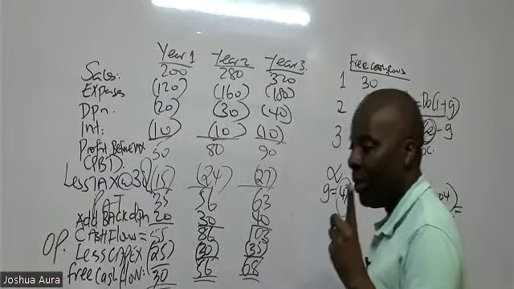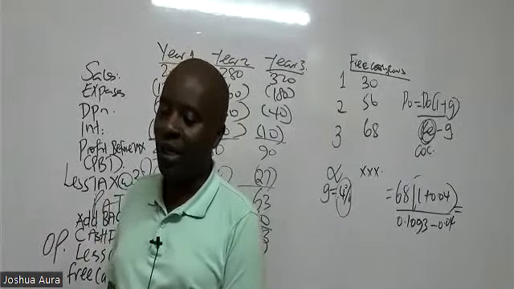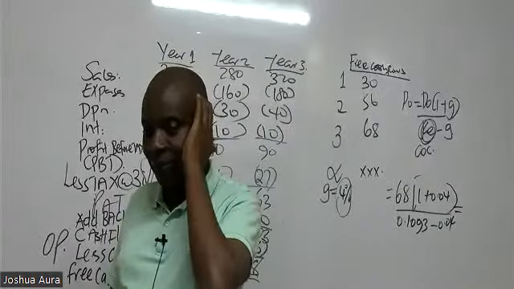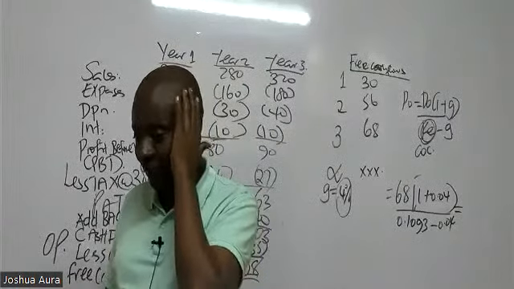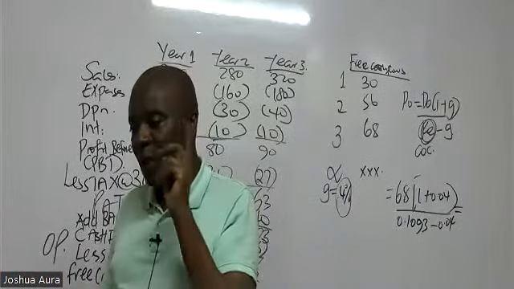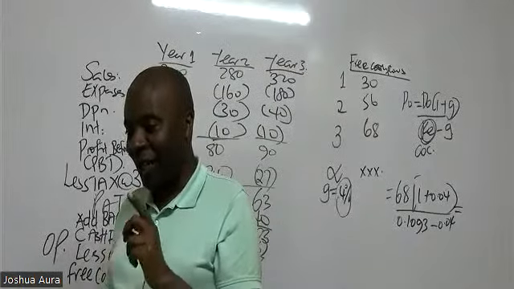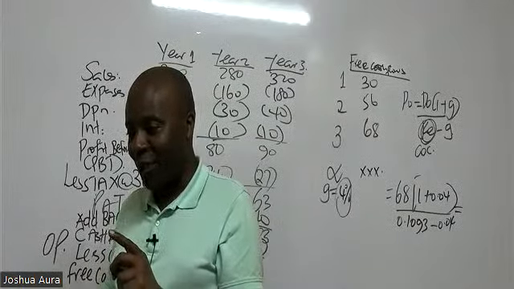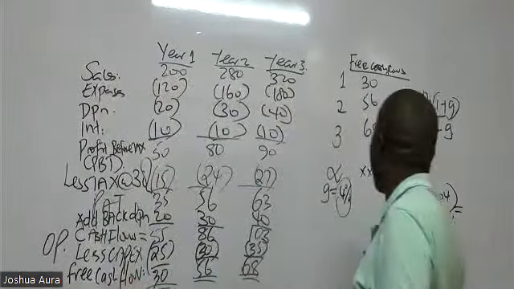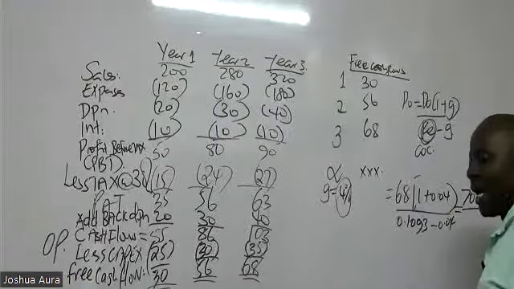First of all, give me the numerator. 68 times 1.04. Numerator, give me the numerator alone. 68 times 1.04. What figure are we getting? 70.72.